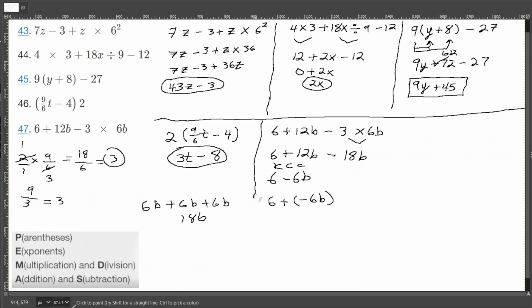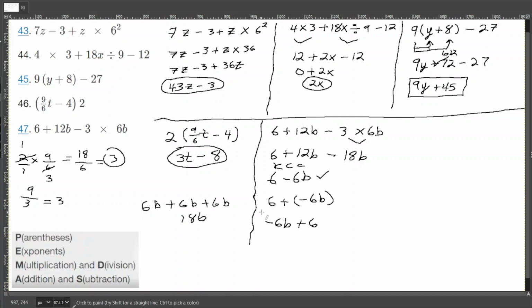Well, with addition, I could flip it. I could flip this to be negative 6b plus 6. So if you ever do your math and you're not finding the answer, you might need to rewrite it. And it makes sense if you really think about it. The negative is in front of the 6b, the 6 is positive, so when we flip these, this should be negative 6b plus 6.